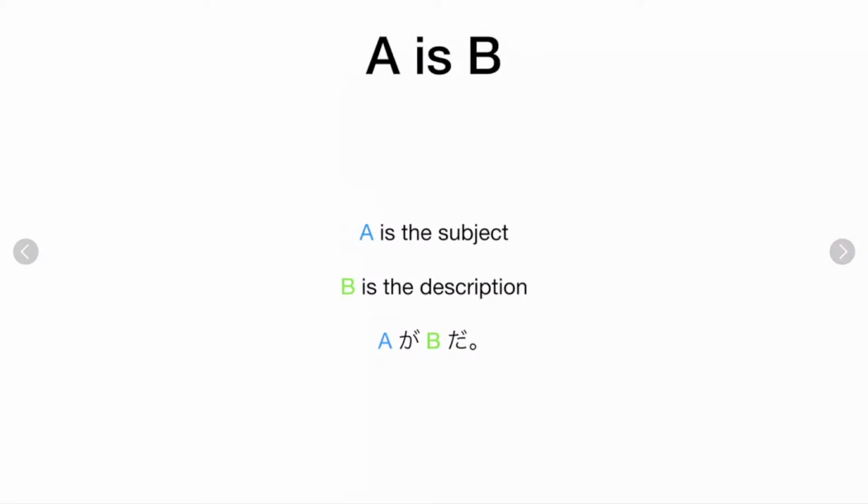If it's an A is B sentence, then A is the subject and B is either a noun or an adjective. It's some kind of description of the subject, right? Either saying that this person is this kind of a noun or this person is like this. Either way, you're describing the subject. So when you have a sentence like that, you say A ga B da, right?